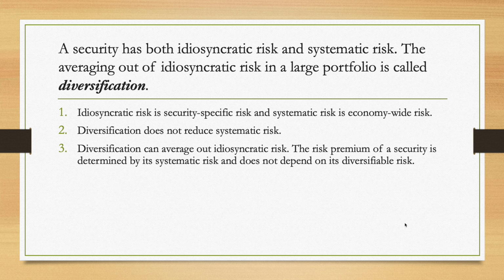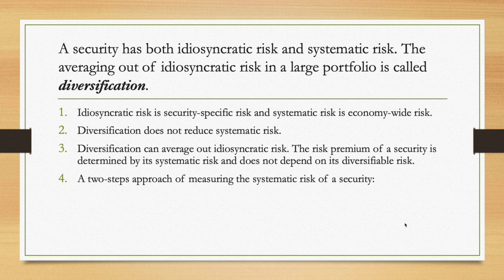The risk premium of a security is determined by its systematic risk and does not depend on its diversifiable risk. That is, investors are not compensated for holding firm-specific risk.